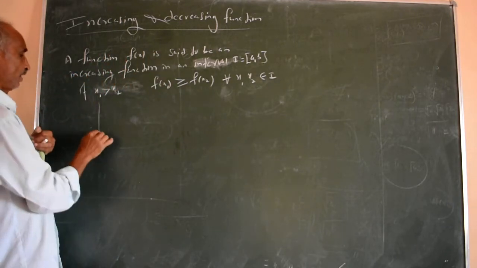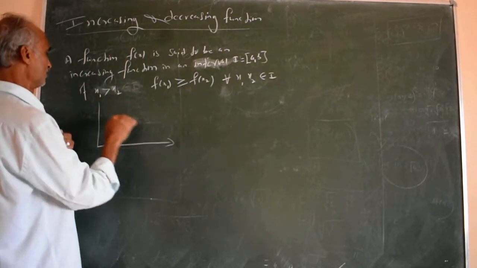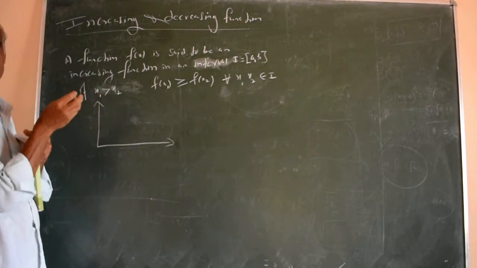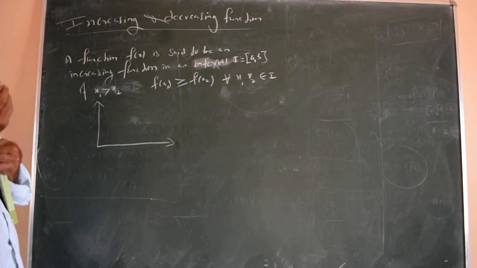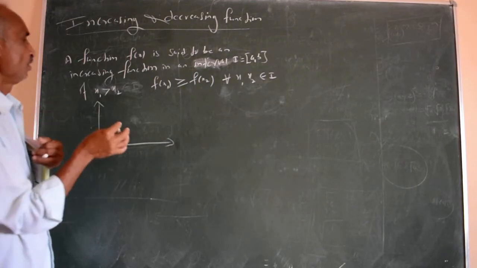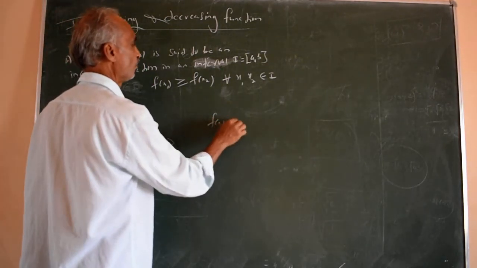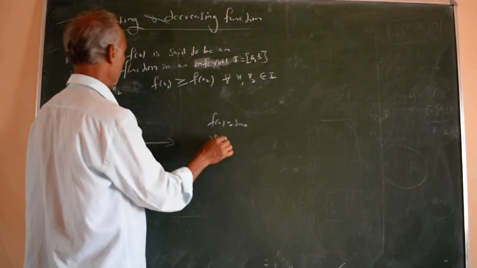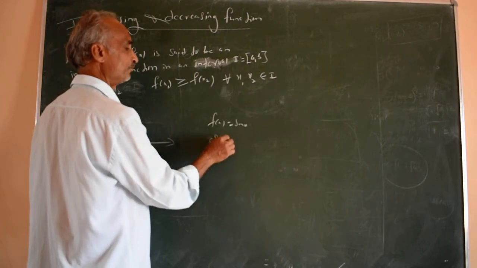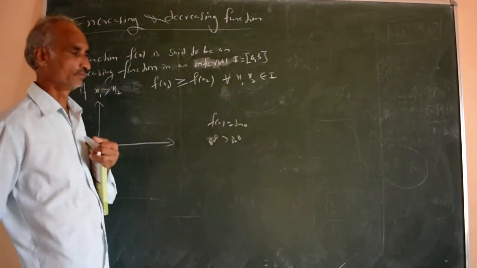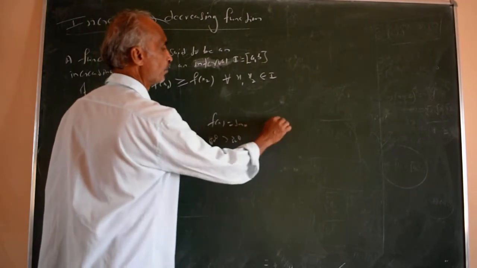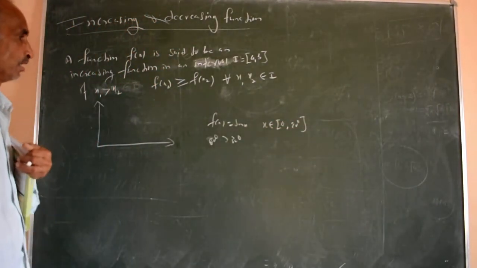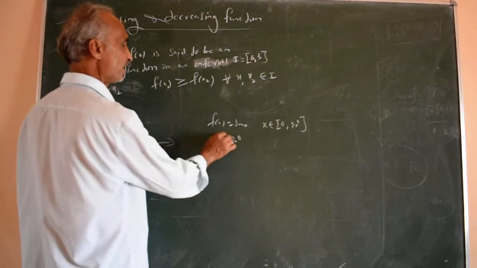So for example, look here, the graph will be like this. x1 is greater than x2, then f of x1 is also greater than f of x2. For example, f of x is equal to sin x. Let us take the interval x belongs to 0 to 90. 60 degrees is greater than 30 degrees.